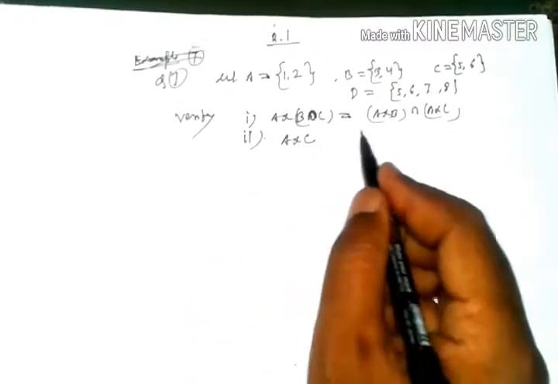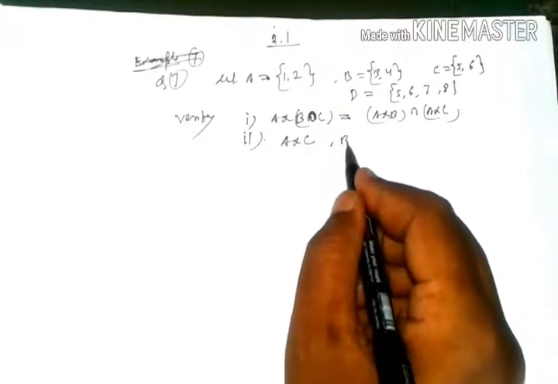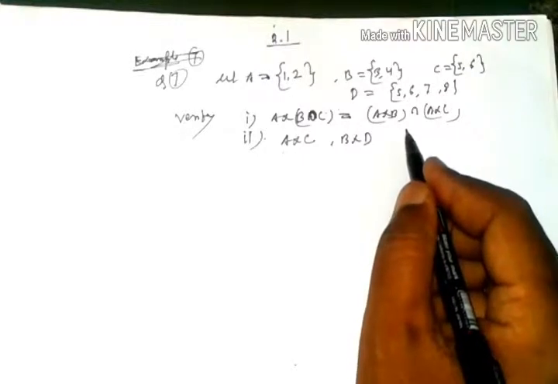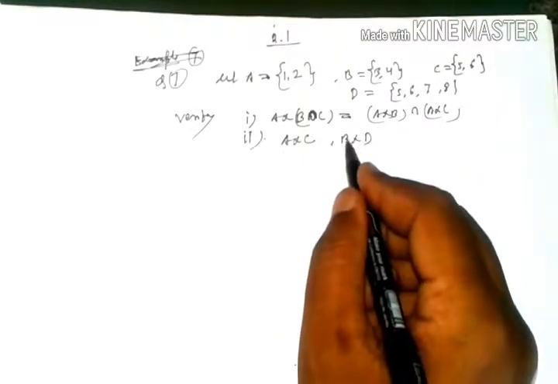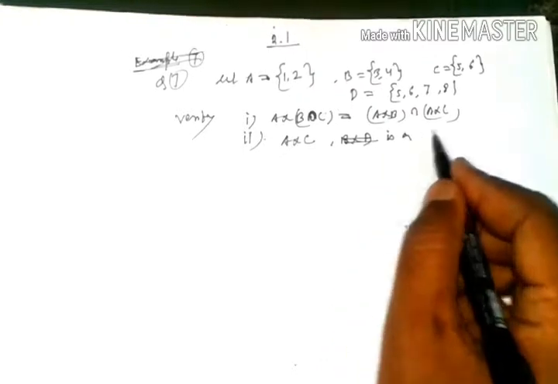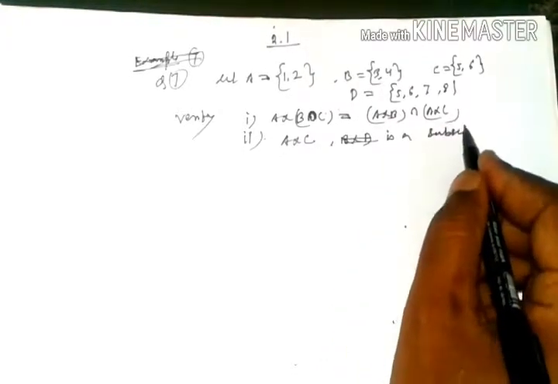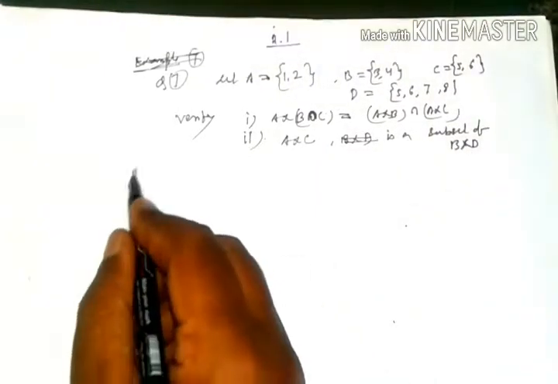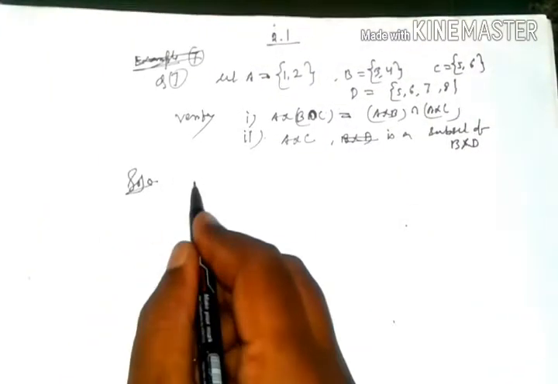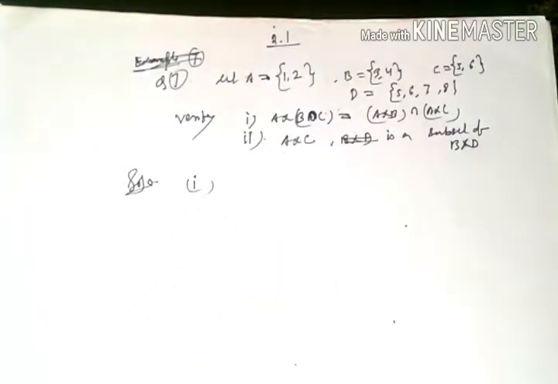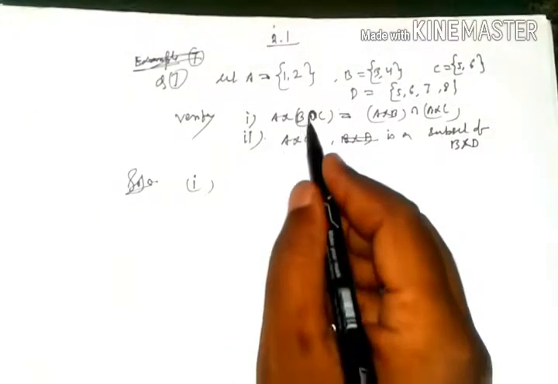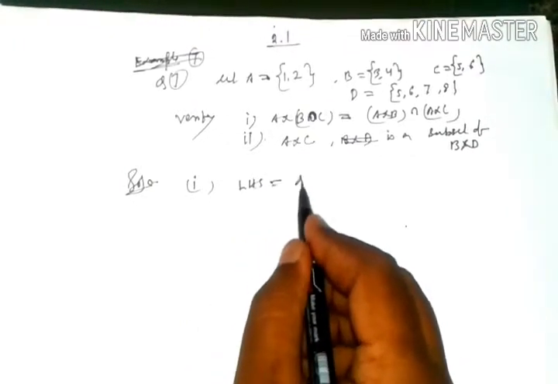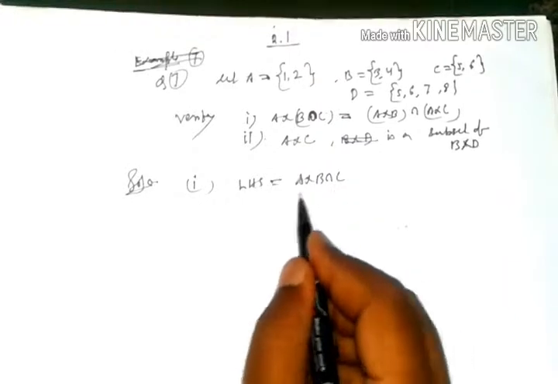Part 2: A cartesian product C is a subset of B cartesian product D. Solution 1. At first, analyse A cartesian product (B intersection C).